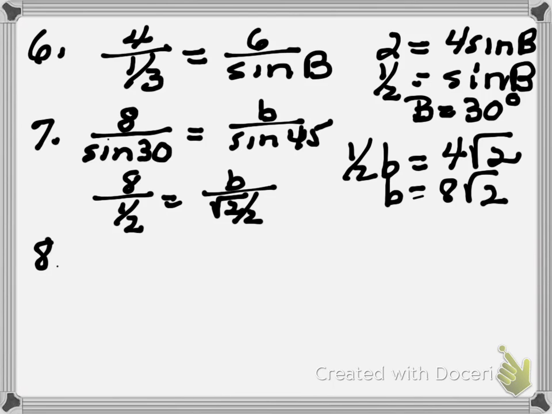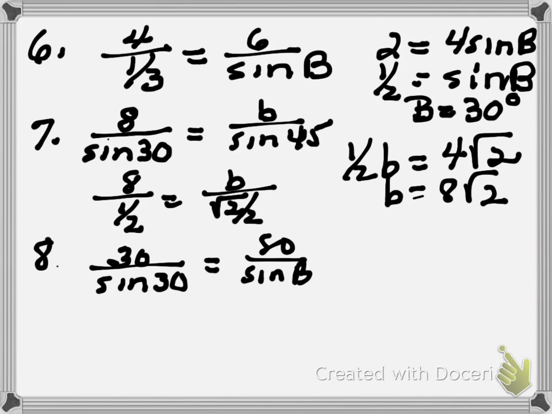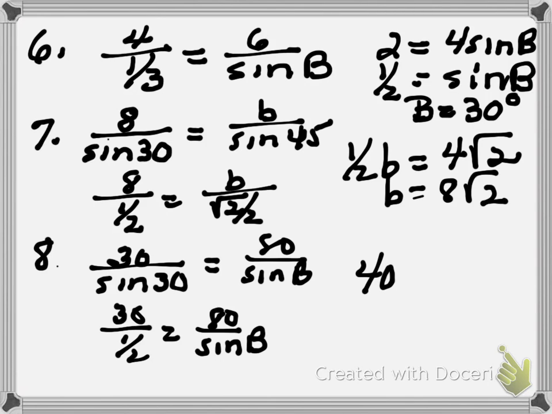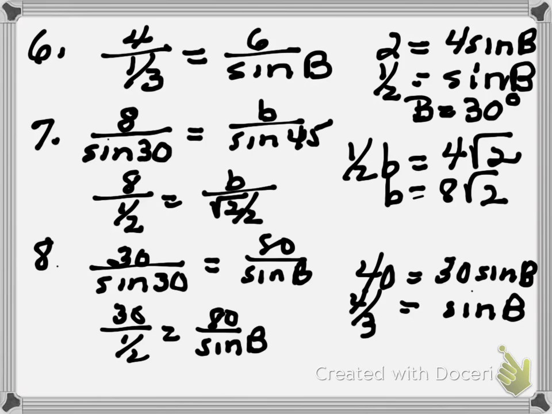I have A, which is 30, over the sine of A, which is the sine of 30, equals B, which is 80, over the sine of B. Sine of 30 is 1/2. Half of 80 is 40, equals 30 times the sine of B. So that means the sine of B is 4 over 3.